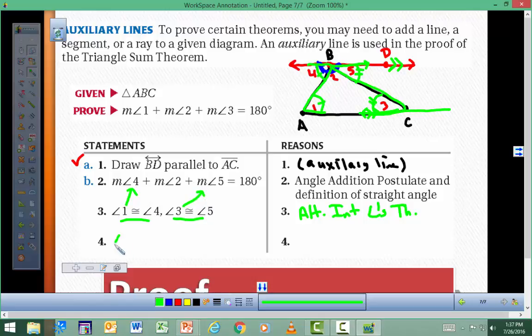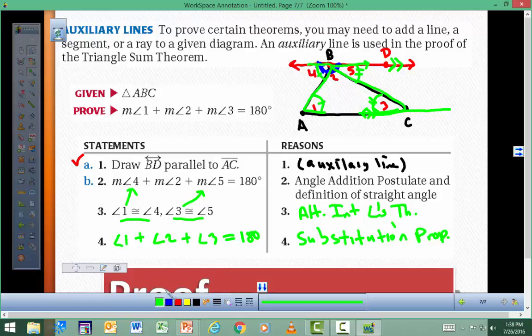So that way we're going to say angle 1 plus angle 2 plus angle 3 is equal to 180. And that's just called the substitution property.